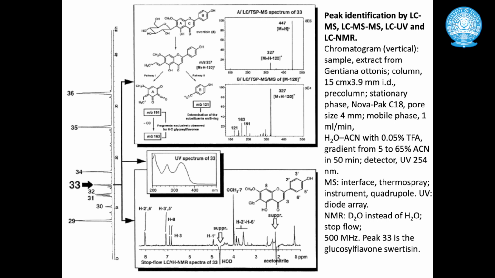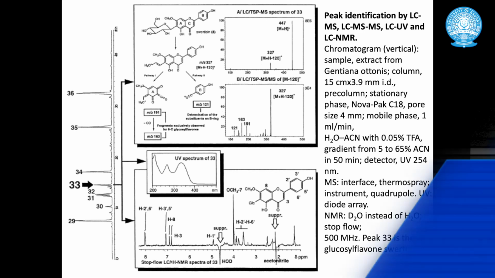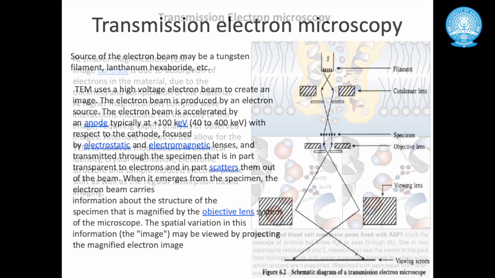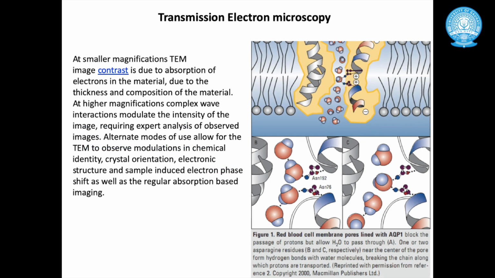Now there are some other techniques also, like transmission electron microscopy, which can be used to study the structure of compounds, but this technique is not much related to our topic.